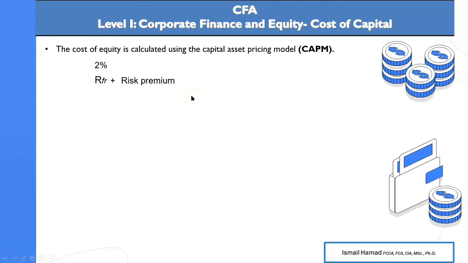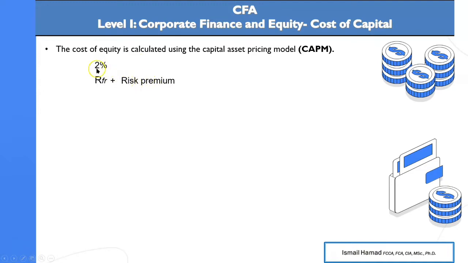For you to put it in the company, you have to pay the investor risk-free rate of return plus risk premium. The risk premium is the amount you pay over the 2% risk-free rate of return. So if you decide to pay him 10%, that means you are going to pay him 8% risk premium.